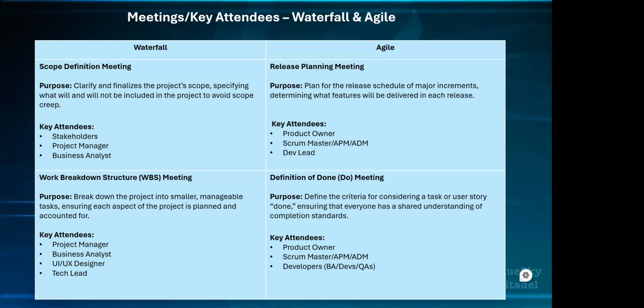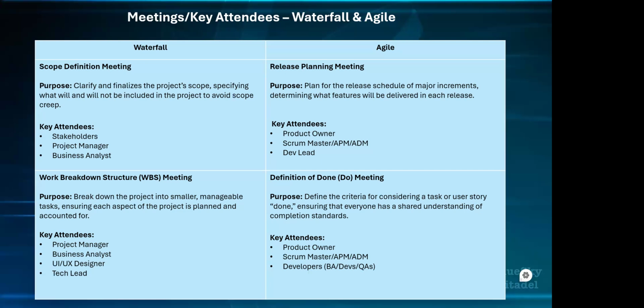So the other one we want to quickly look at for waterfall is the work breakdown structure meeting. It's not a document that is created by the stakeholders; the project manager can create the document, which then needs to be reviewed by all the key or required attendees, so that everybody agrees: okay, this is what the work breakdown structure looks like for this project.